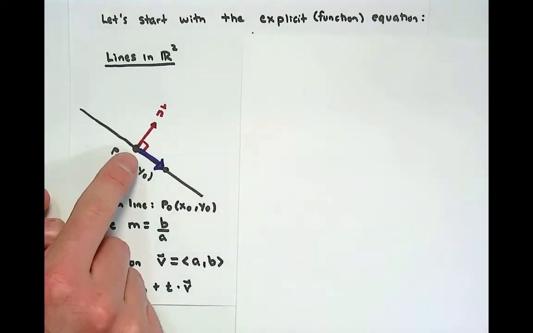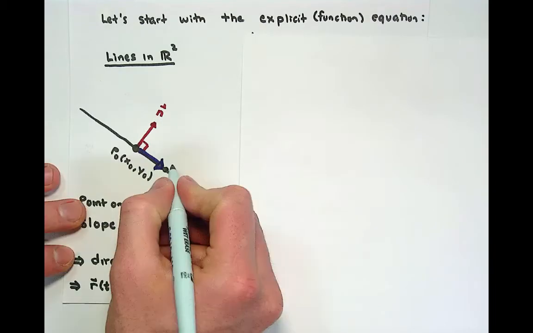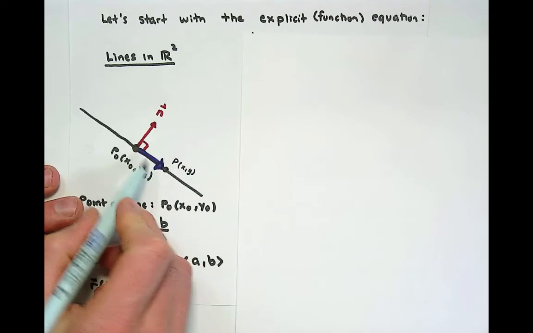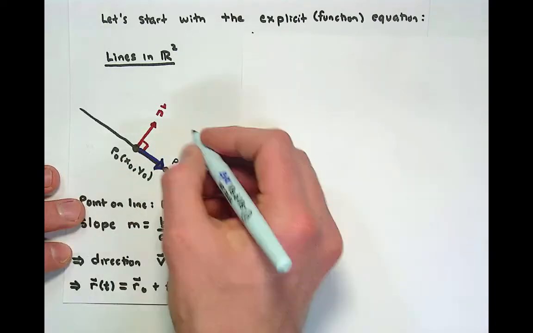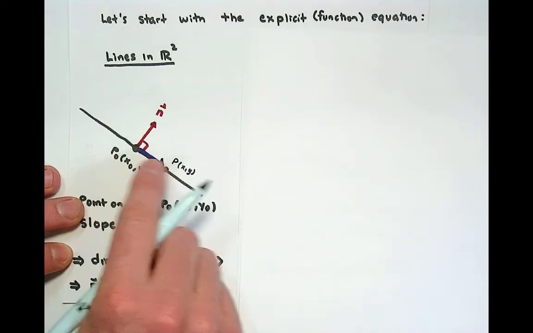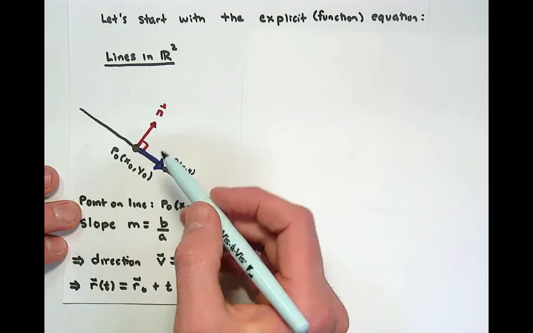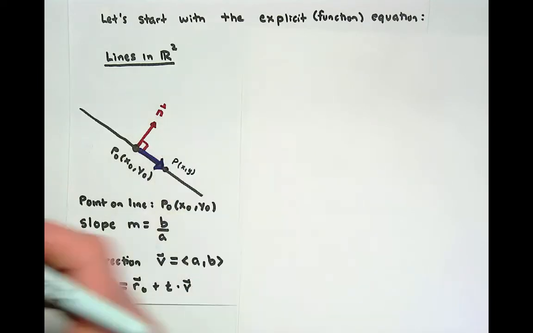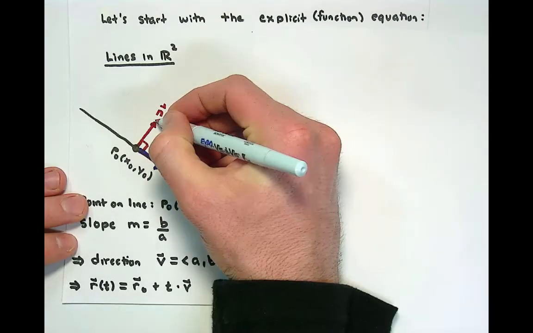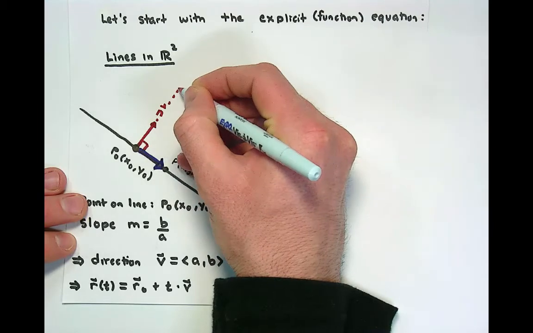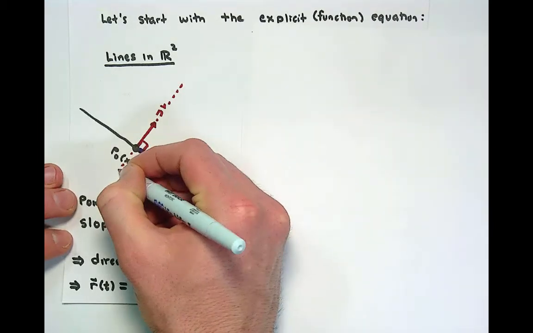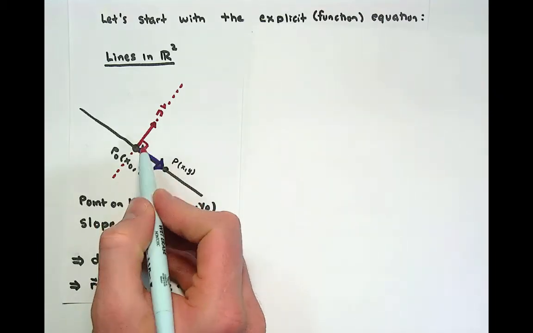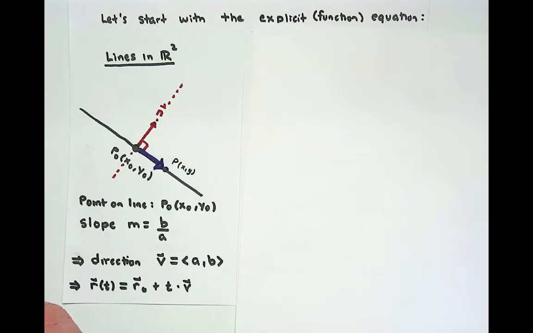In other words, if we looked at the set of all general points, what we might call P of x, y, and we created a vector x from P naught to P, then the line is the set of all vectors that are orthogonal to the normal vector. And the normal vector is not unique, but the direction associated with the normal vector is unique. Each individual direction vector has one and only one normal direction.